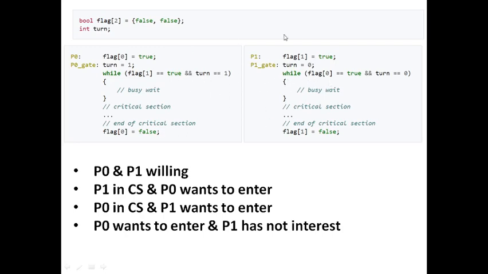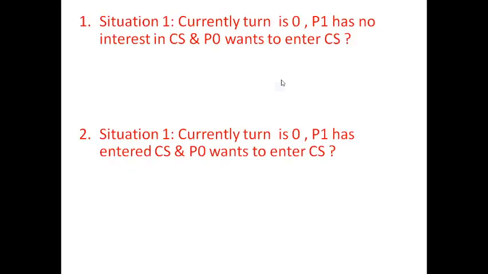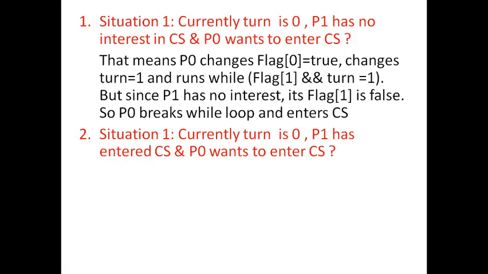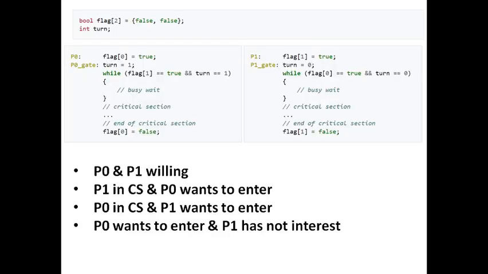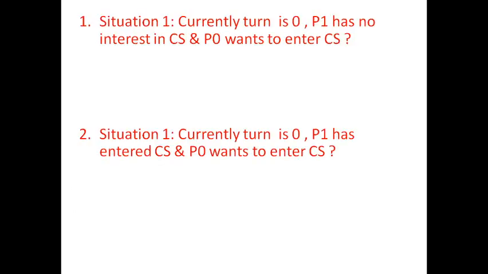This is meant for mutual exclusion exactly among 2 processes. So we have to be capable of dealing with the different situations you are presented. If you are presented a situation that currently P0 is in the critical section and P1 wants to enter the critical section, evaluate Peterson's algorithm and prove that mutual exclusion will be enforced. So you should be able to give the explanation which I just provided to you now.